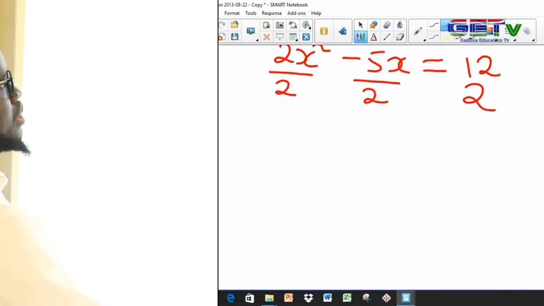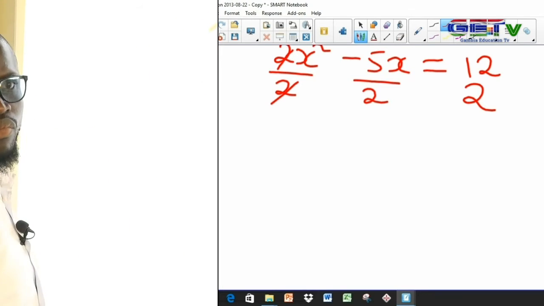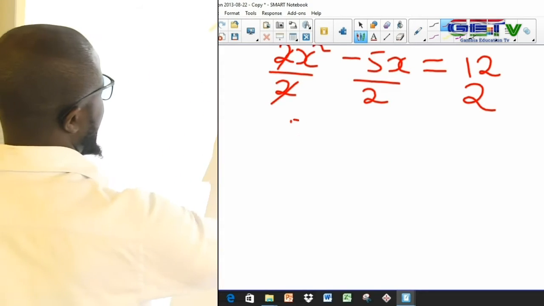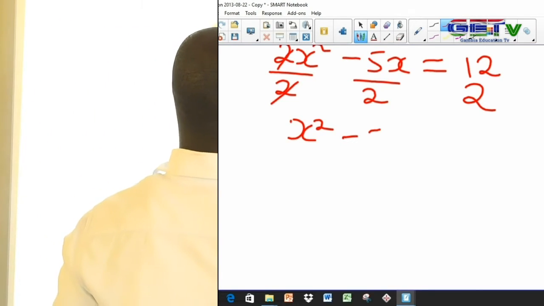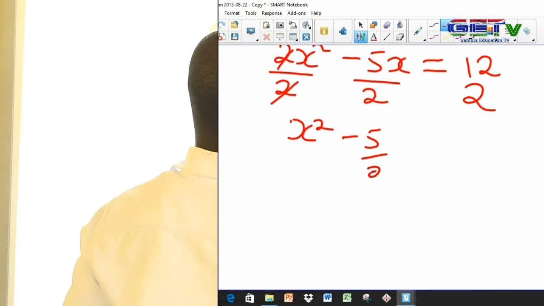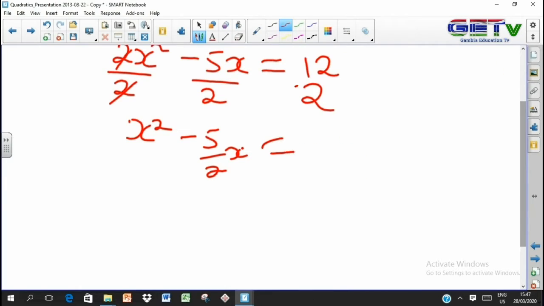If you do that, 2 will cancel 2, and that will give x squared minus 5 over 2x equals, if you divide 12 by 2, 6.